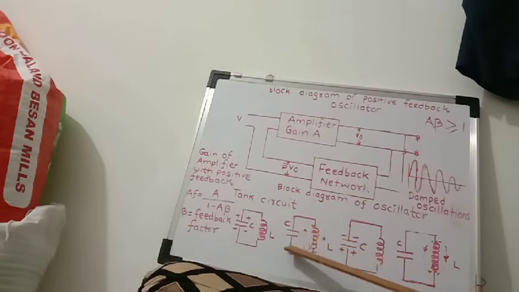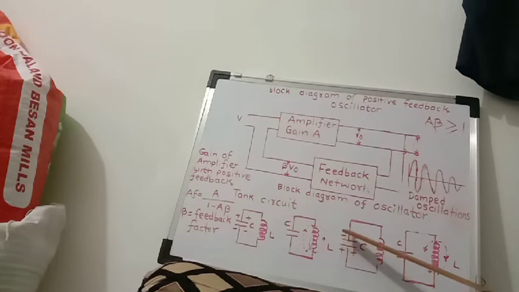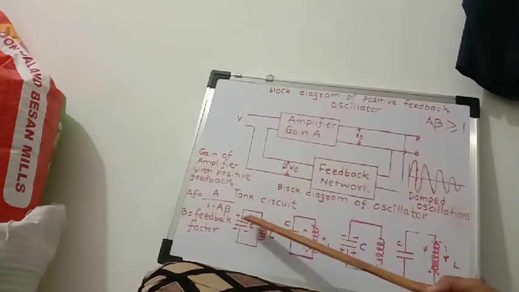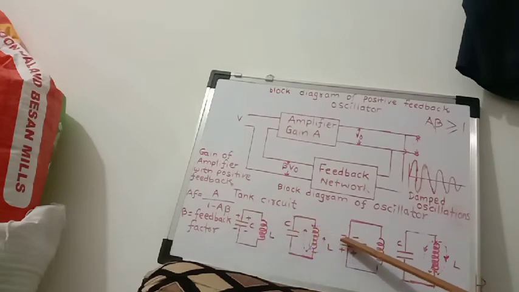Since the current flows, this capacitor C starts charging, but now it has opposite polarity. First of all, the upper plate is positive. Now this upper plate becomes negative and the lower plate becomes positive.